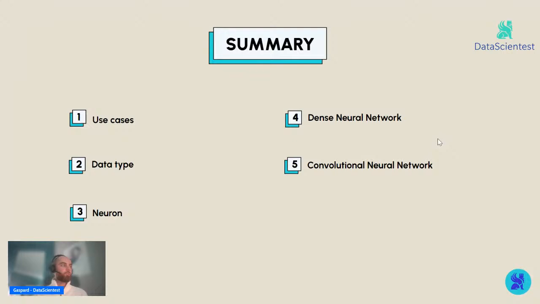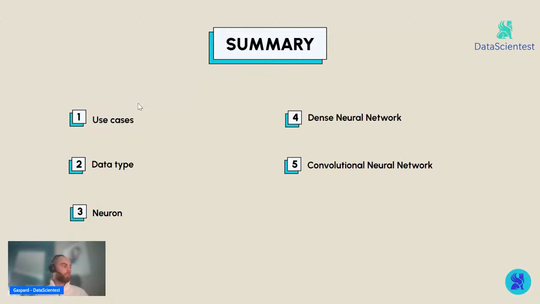Great, let's start. So, a quick summary. I'm going to start by discussing some use cases and some general usage that we can make of neural networks. Then we'll talk a bit about different types of data that you can use with deep learning, and that probably need deep learning in order to train a model efficiently or have an artificial intelligence approach.